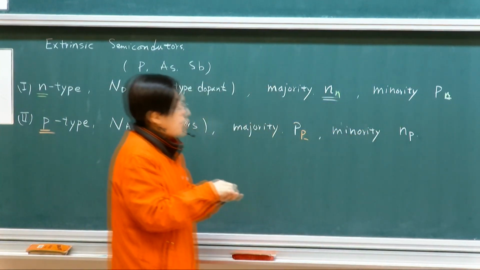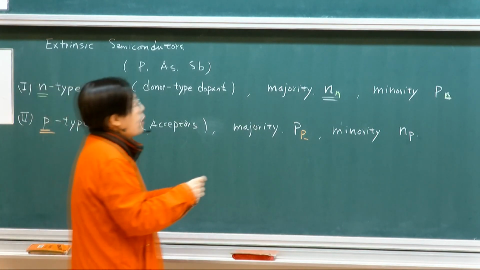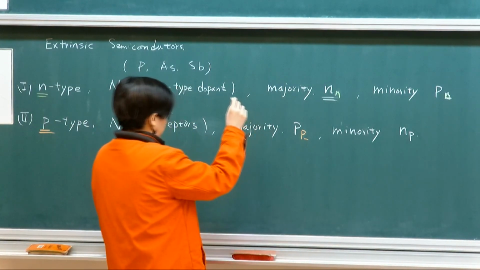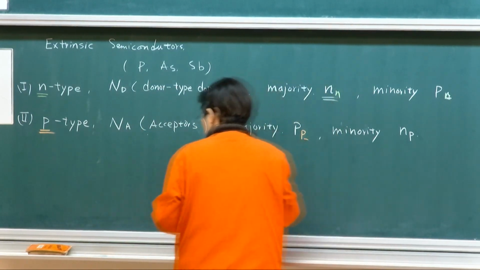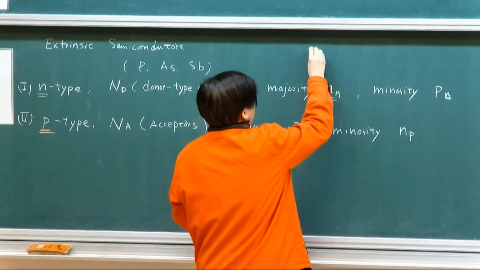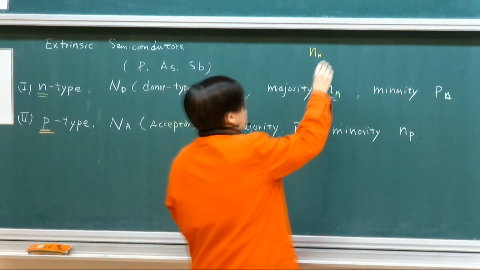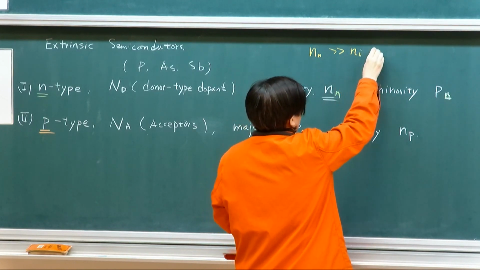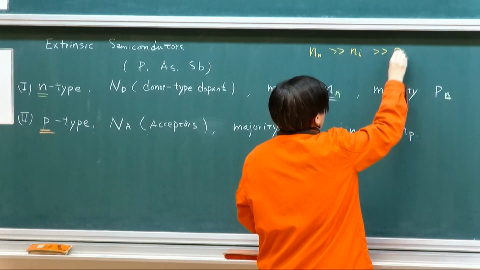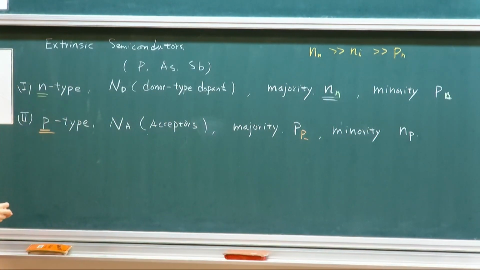As we already mentioned last time, if I want you to compare these, the first thing you need to be aware of, we discussed it last time, so I want to write it up here. In typical cases, majority carrier is always larger than Ni, which is the intrinsic carrier density, and also much larger than your minority carrier concentration.